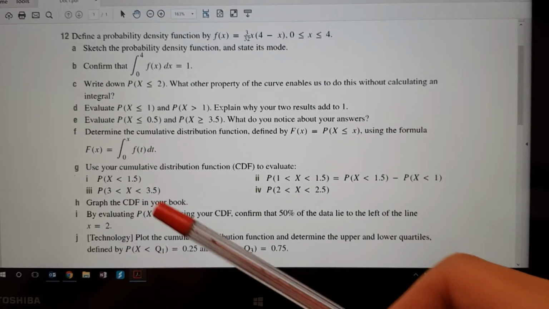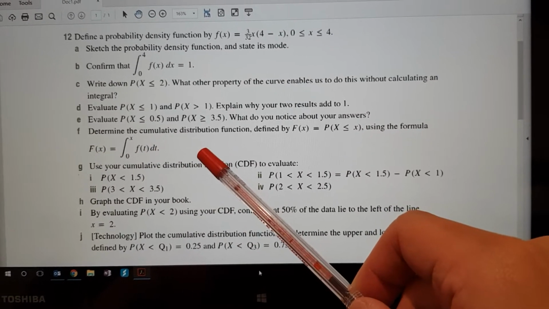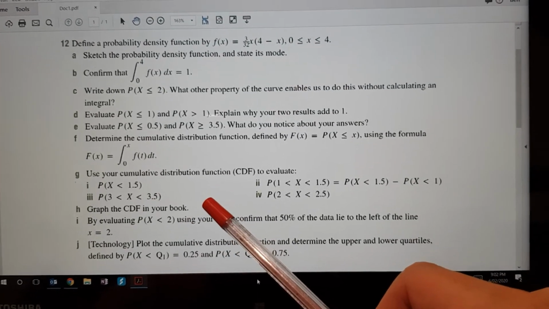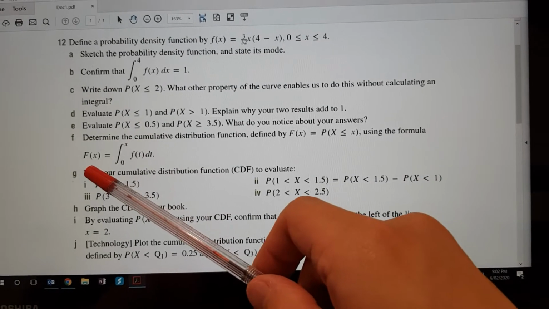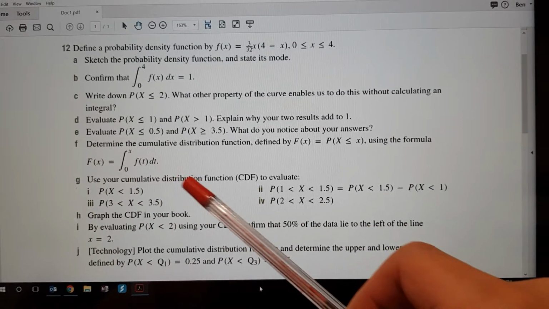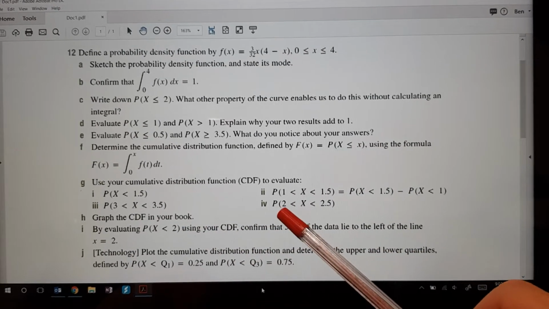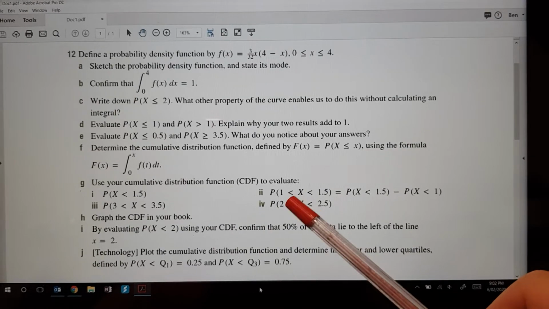Okay. And now part F is the CDF, cumulative distribution function. And then part G, just a matter of substituting 1.5 into f of x. That's going to be another one, so we're going to have a look at those two. I'm not going to really calculate these four to the end.